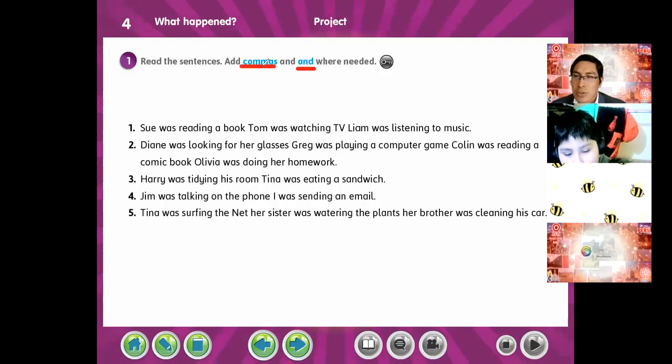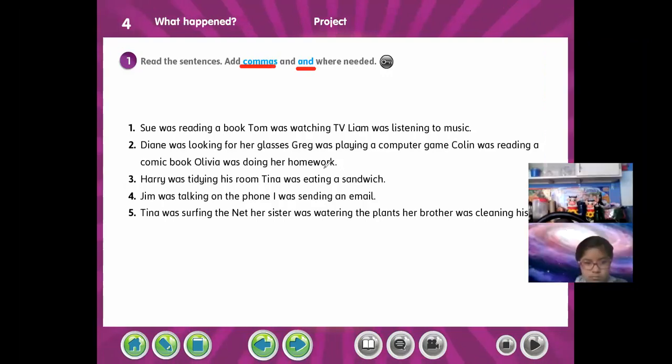Sometimes you don't use commas in your writing. You don't use periods. You don't use anything. Like this, no? Sue was reading a book. Tom was watching TV. Liam was listening to music. Algunas veces escribes así, but it's not correct. You need to use commas to separate your ideas. For example, Sue was reading a book.